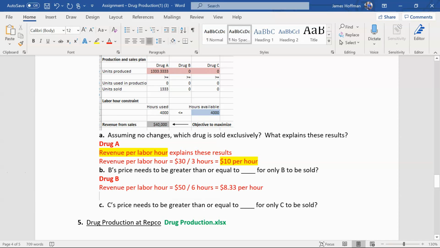Clearly that's not comparable, so let's figure out what it needs to be. 60? Yeah, 60, exactly. 60 divided by 6 gives us the same return of $10 per hour.